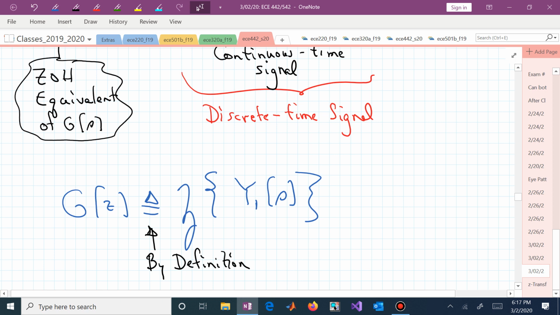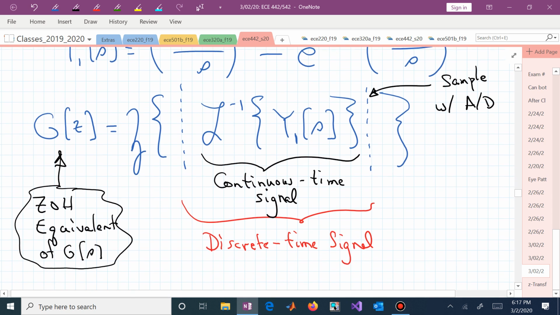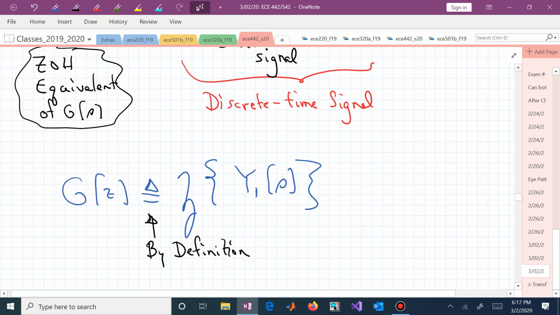When I say that, I'm really meaning all of this. Inverse Laplace, curly bracket, Y sub 1 of S. That now gives me a continuous time signal. Let me sample that. Then I Z-transform that sampled signal. We can put all of those together, and it's cleaner to just look at what happens with G of Z.